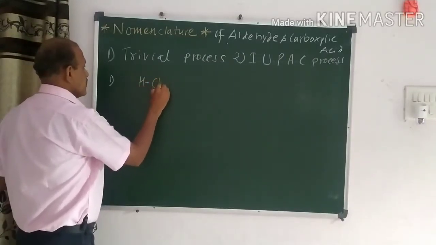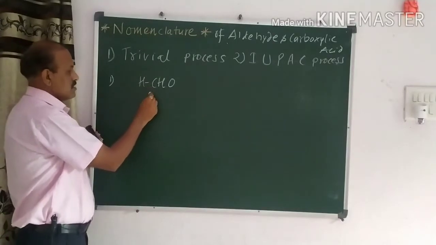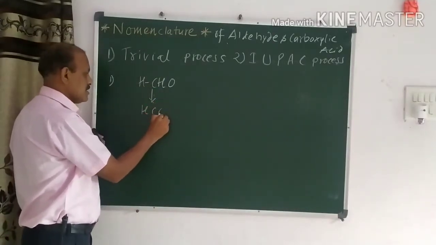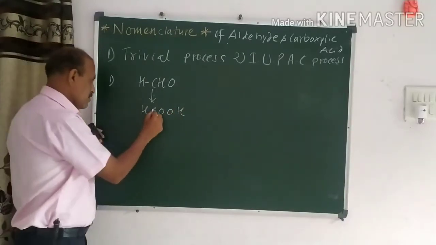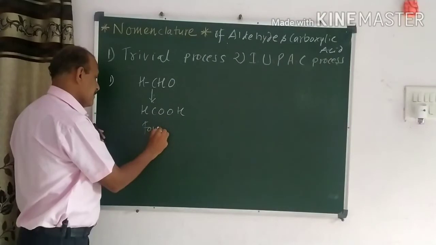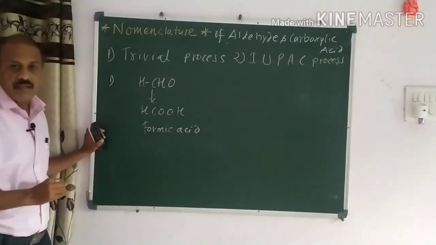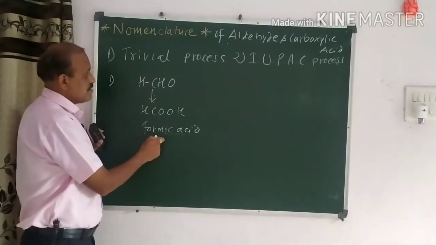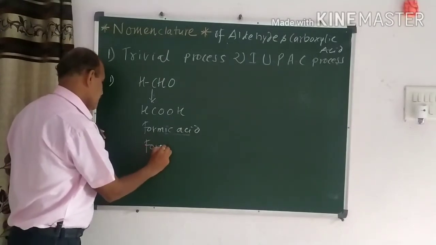HCHO. On oxidation of this we get formic acid, that is HCOOH. The name of this compound is formic acid. Now the ic acid from this formic acid is replaced by aldehyde, and so we can write formaldehyde.